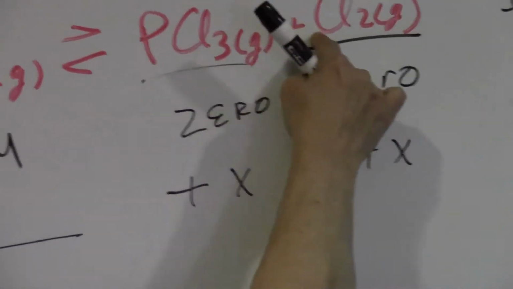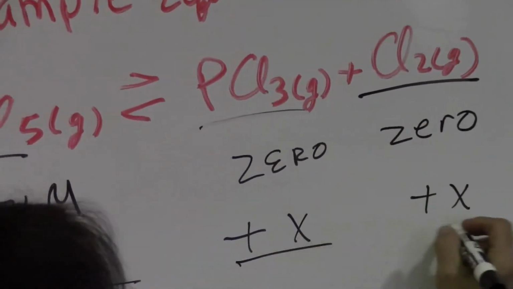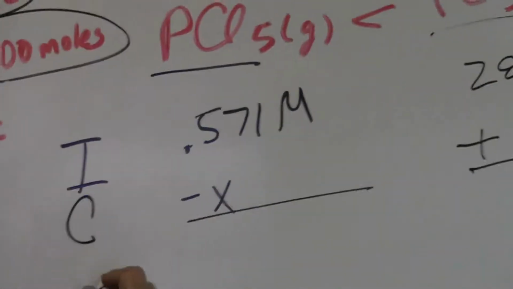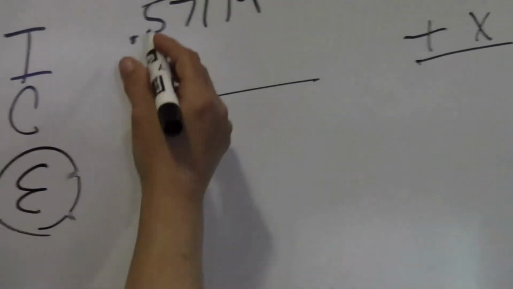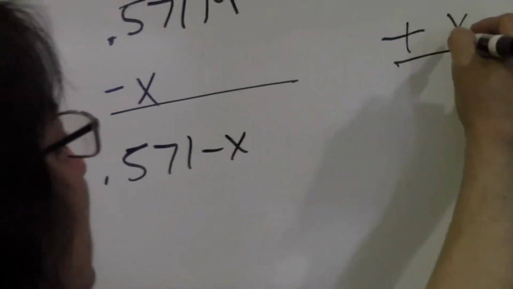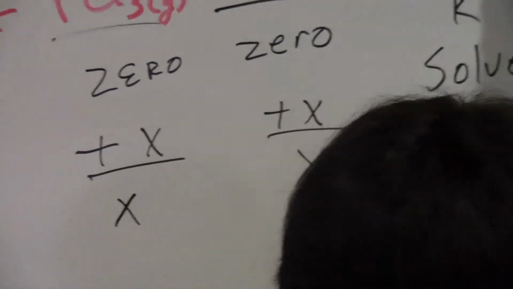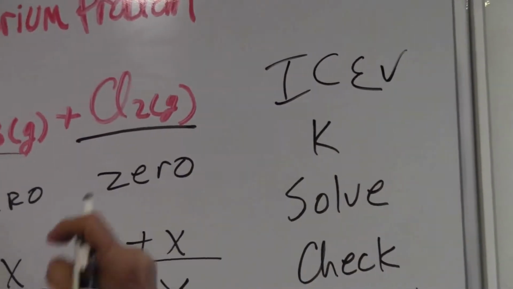Notice there are no coefficients that I have to multiply for these x's. So now when we combine them at equilibrium, we're going to have 0.571 minus x. This is just going to be x, and this is just going to be x. So we did ICE. ICE, K, solve, check, SUN.